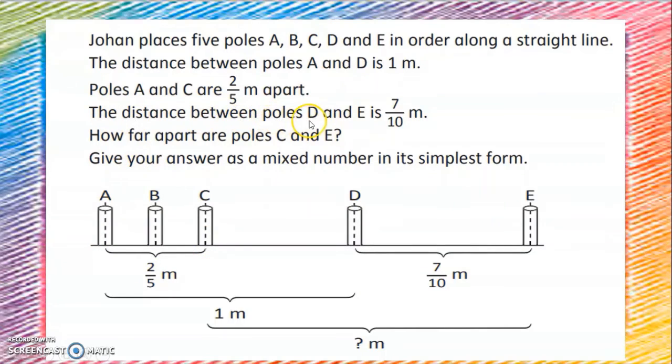The distance between poles D and E is 7/10 meters. So D and E is 7/10 meters. How far apart are poles C and E? Give the answer as a mixed number in its simplest form.